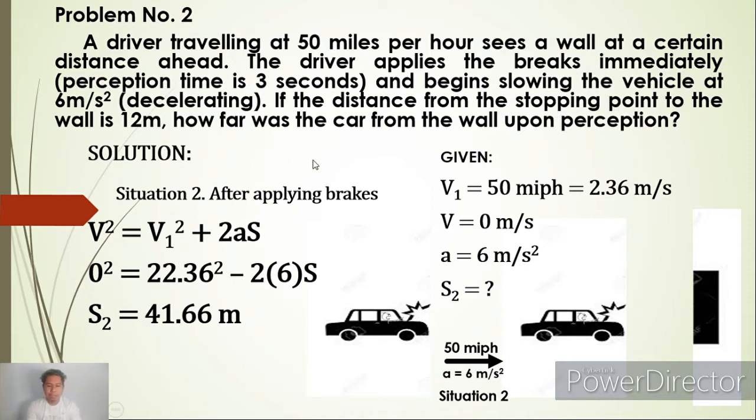Ibig sabihin, yung situation number 2 is mula nung nag-apply siya ng brake hanggang sa tumigil yung sasakyan. So, pag tumigil, ibig sabihin, 0 acceleration, 0 velocity. Kaya naging 0 yung ating final velocity. Then, acceleration which is 6 meters per square second, which is given in the problem. Then, we're looking for S2 or yung distance na tinravel niya mula nung nag-apply siya ng brake hanggang sa tumigil yung sasakyan.